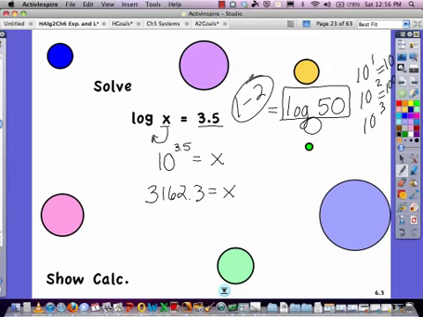We're not expecting you to know that in your head, but if you go to your calculator, you do have a log key. It's over there on the left-hand side, so find it. And if you hit log, it should put the log right on the screen. Some calculators will also put a parenthesis. And so right after that, you can put your number in. In this case, it's a 50.